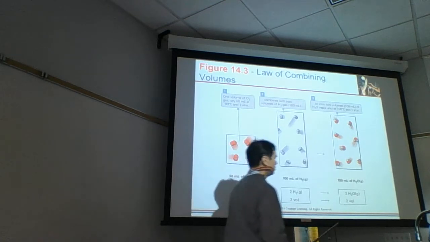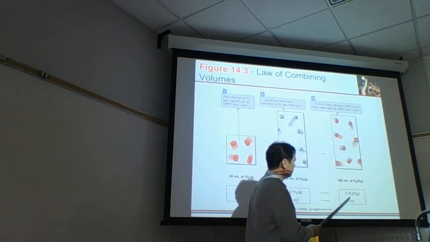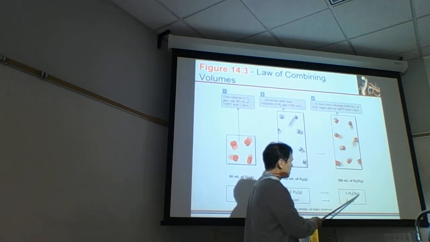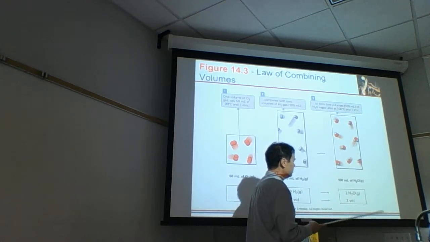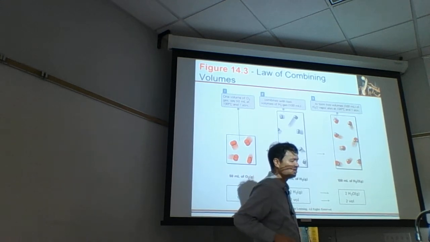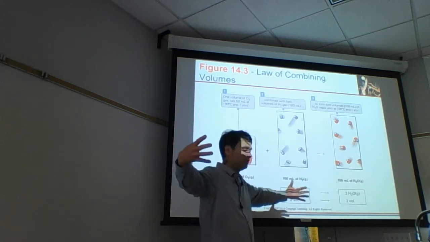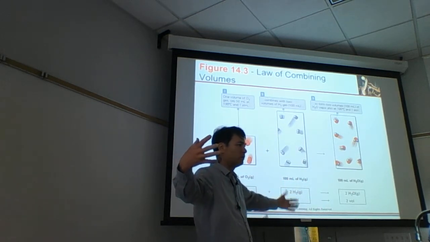Now, here's the tricky part. In this example, they're telling us the product is gaseous, but normally we do this at 25 degrees C. If I did this at 100 degrees C, gases expand with temperature, so that volume would be different.